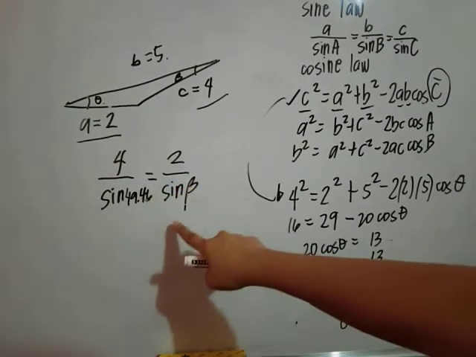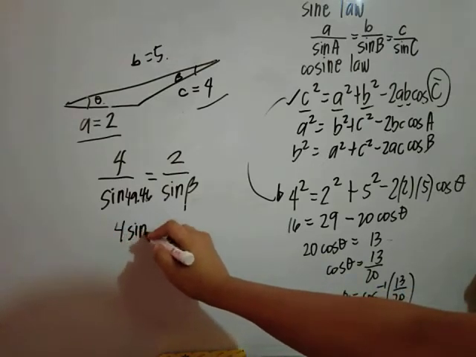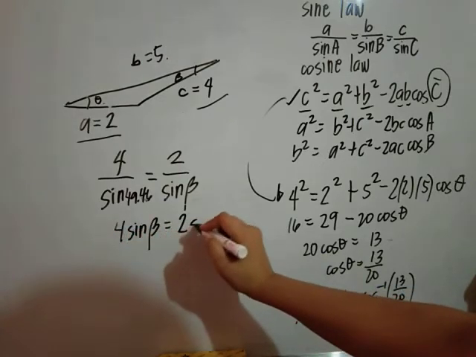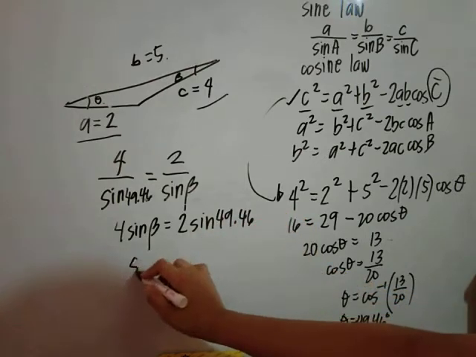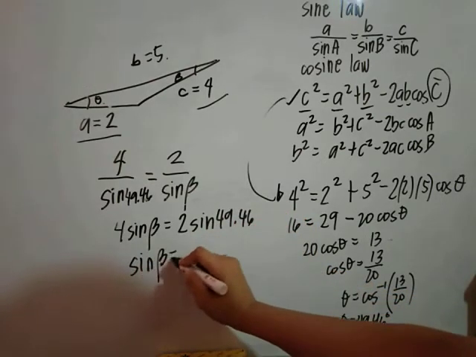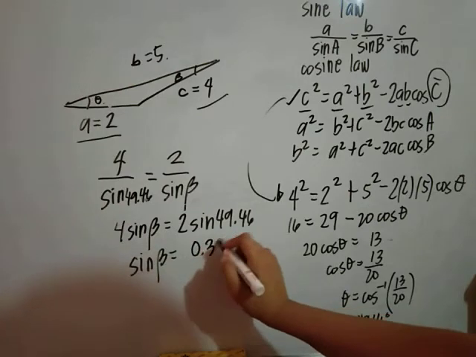So, therefore, kapag sinimplify natin to, cross multiplication, we have 4 sine beta is equal to 2 sine 49.46. So, sine beta is equal to 2 sine 49.46 divided by 4 is 0.38.